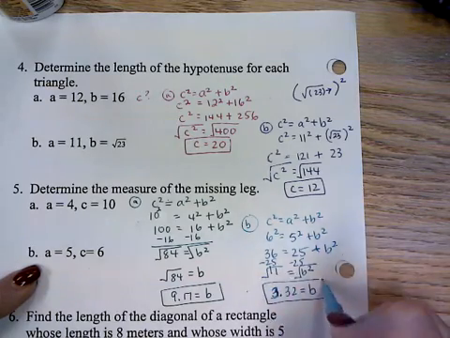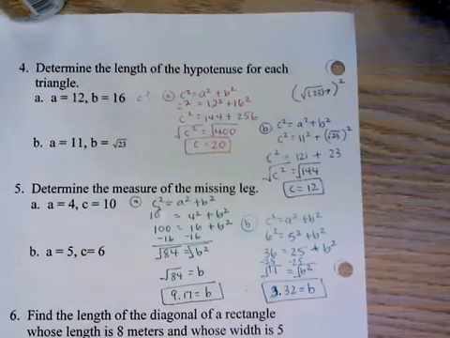And again, I just rounded to hundredths. I could leave it as the square root of 11, but I'm going to go ahead and simplify that to make it a number. Next year, you'll have to leave some things in simplest radical form. This year, you are just going to put them in decimals. It's fine.